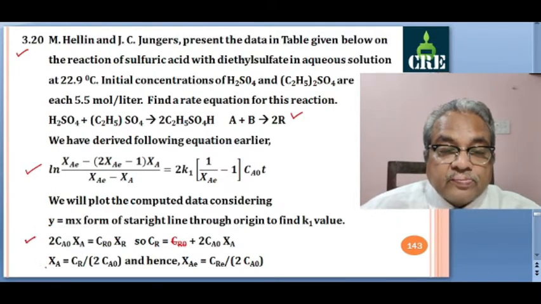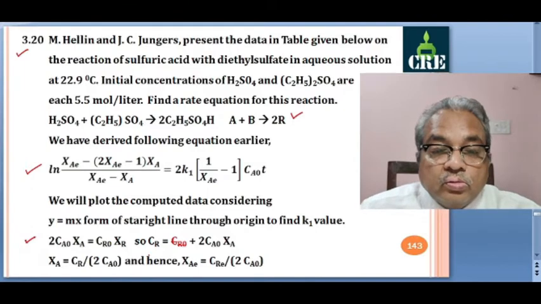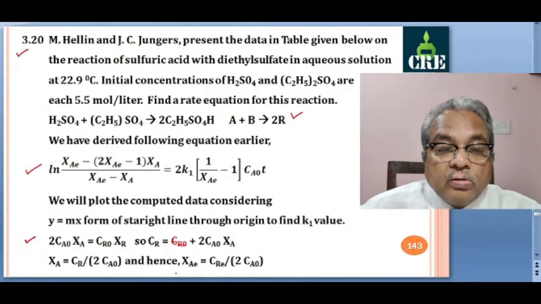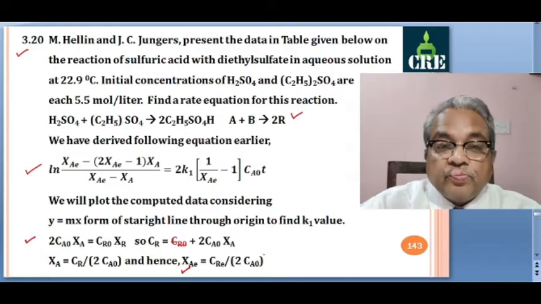So XA is Cr by 2Ca0. So we can find XAE as Cr at equilibrium divided by 2Ca0.